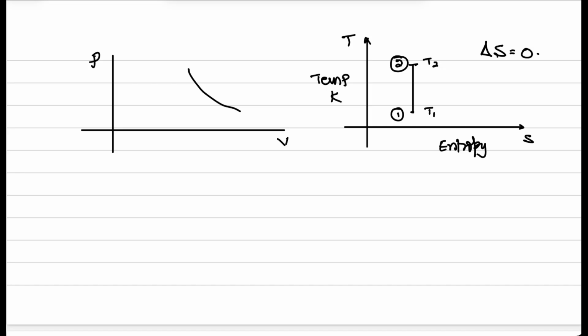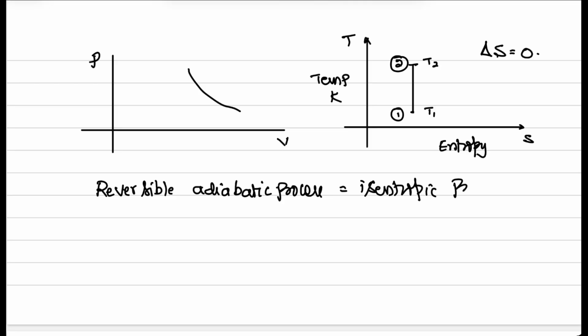That means a reversible adiabatic process is an isentropic process. Whenever there is the phrase reversible adiabatic process, you can treat it as an isentropic process. Entropy is constant and it will be a vertical line on the TS diagram.